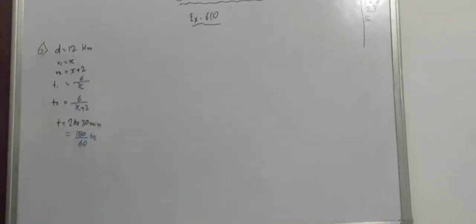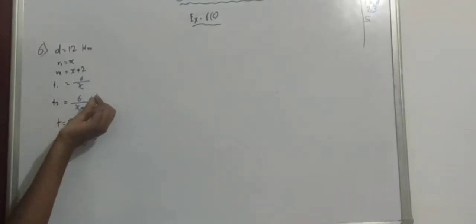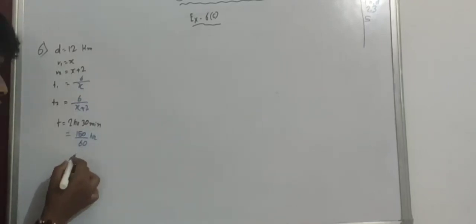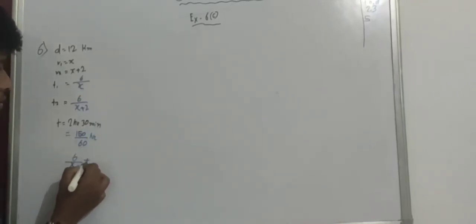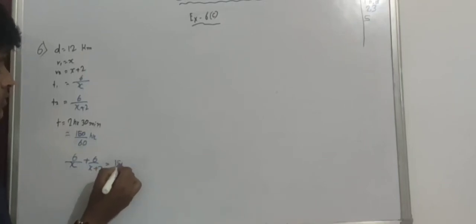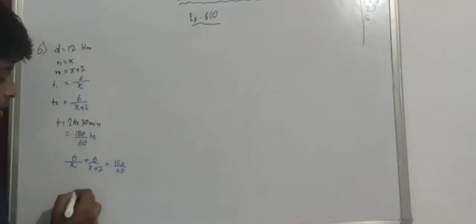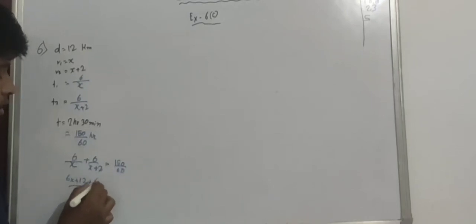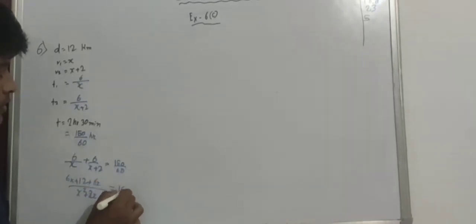So now frame the equation. The total time taken is this and this is equal to this. So you just have to add both the terms. Take the LCM, we have x square plus 2x, above we have 6x plus 12 plus 6x is equal to 150 divided by 60.